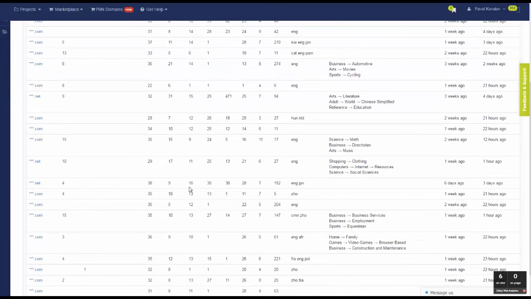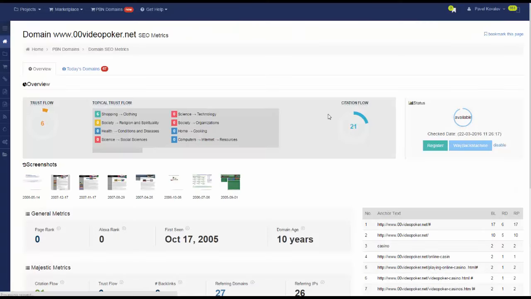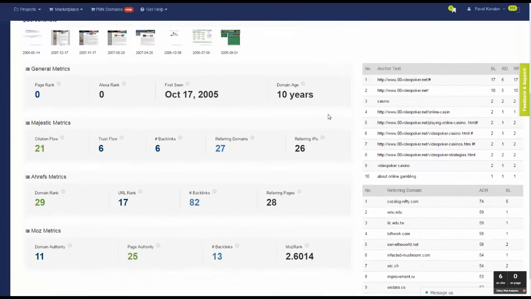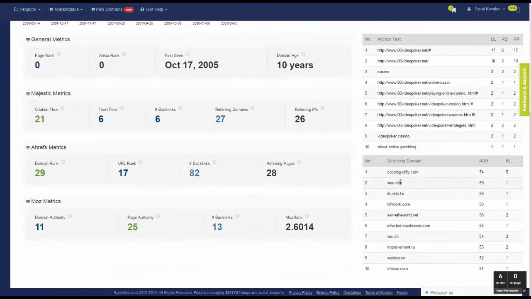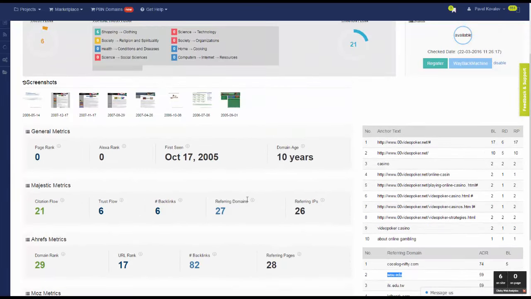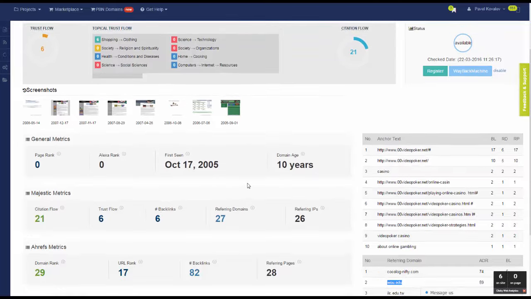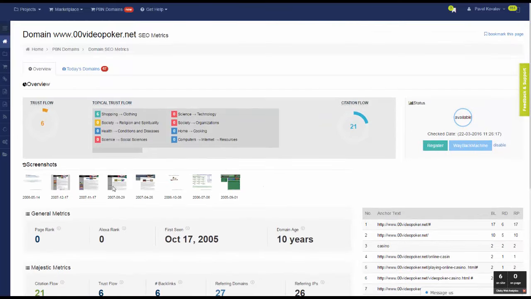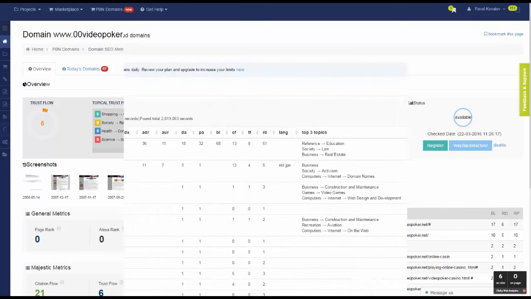Let's say I open any English profile, you can see the EDU link. Of course you need to combine it with other metrics or filter criteria to select a site, but with all the information we provide, including screenshots, you will find all the domains you need in no time.